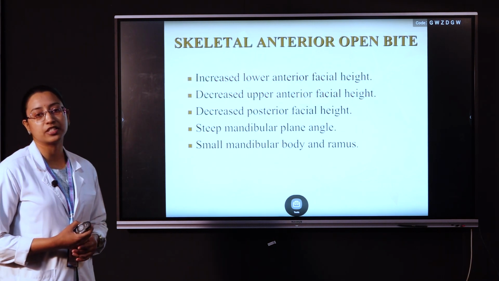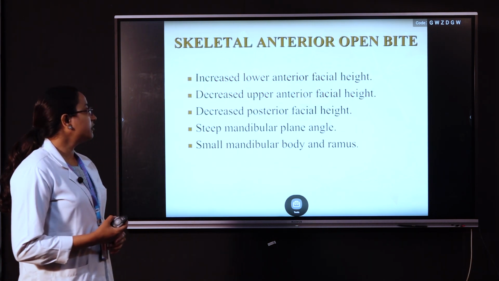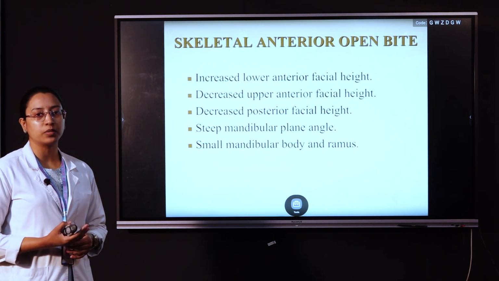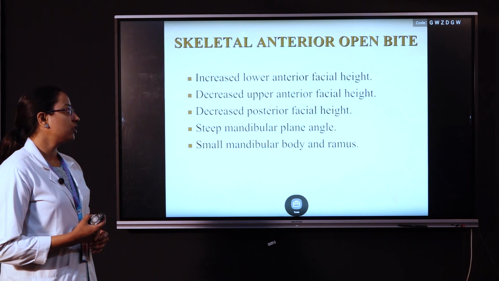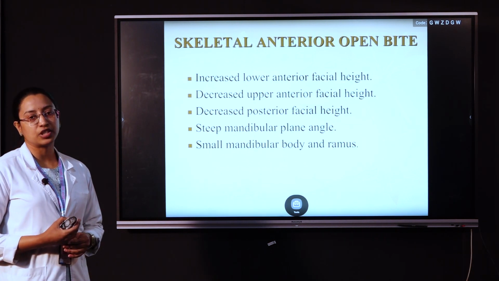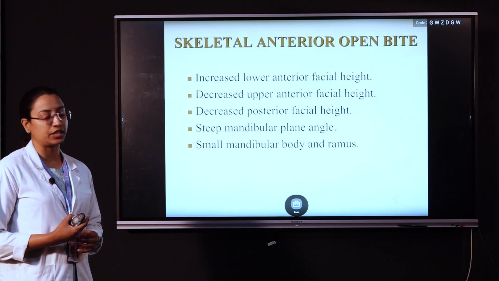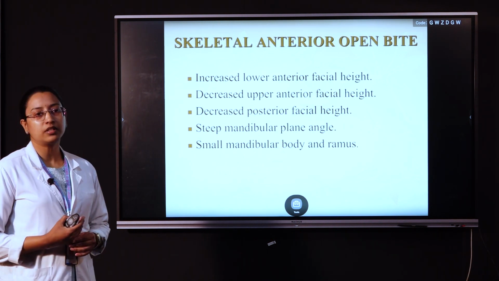So what are the different features of anterior open bite? If we see a skeletal anterior open bite, we already said that it is because of abnormal jaw growth. Here we see increased lower anterior facial height, increased overall anterior facial height, and reduced posterior facial height. There is a steep mandibular plane angle.